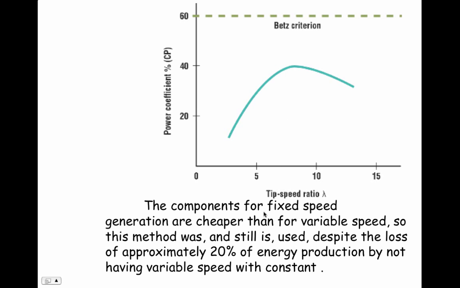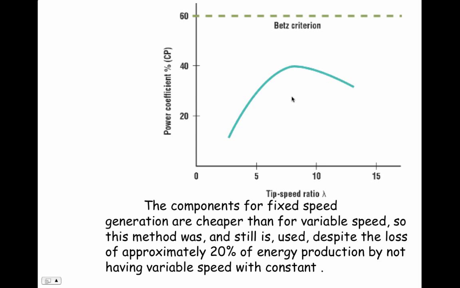It turns out that the components for a fixed-speed generator, in other words, a wind turbine that only spins at one RPM, are much cheaper and simpler than for a wind turbine that spins at different RPMs. So oftentimes, smaller wind turbines, particularly, are fairly fixed-speed devices.